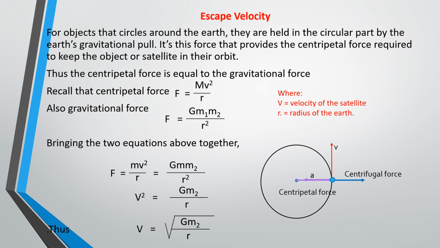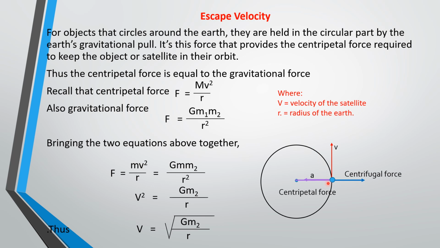The speed is constant, but the velocity changes, because the direction of the object is always changing as it moves around the circle. Velocity depends on magnitude and direction.